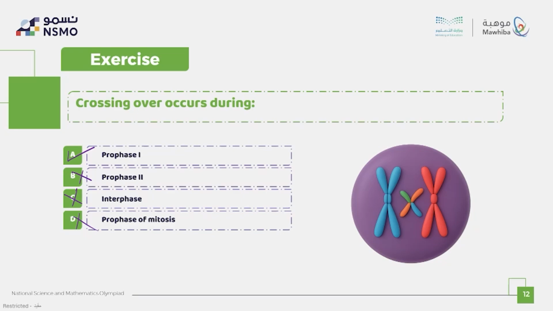This image shows two homologous chromosomes crossing and exchanging segments, and different colors indicate the genetic exchange. This process creates a new combination, resulting in genetic variation. Notice, crossing over only happens in prophase 1 and never repeats in prophase 2. Save this in your mind.